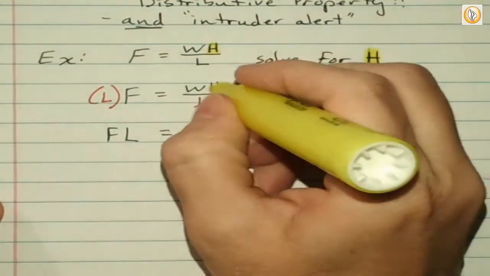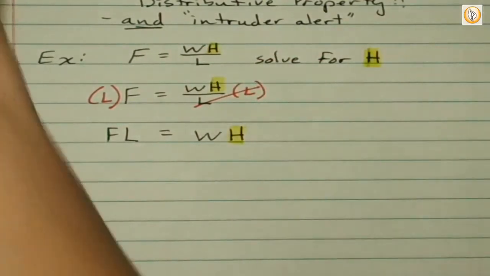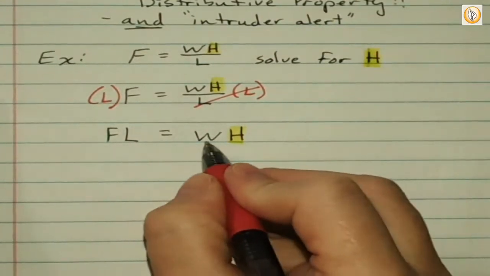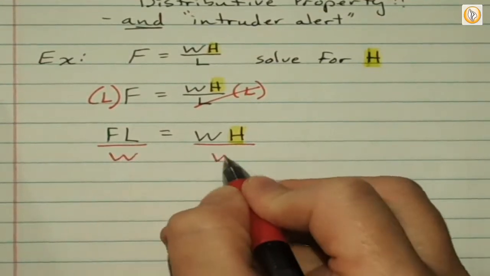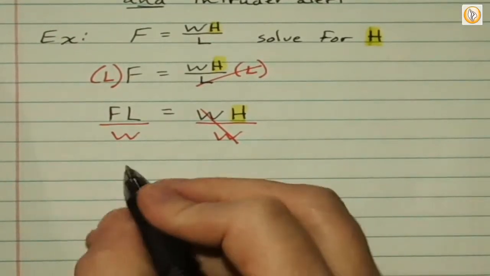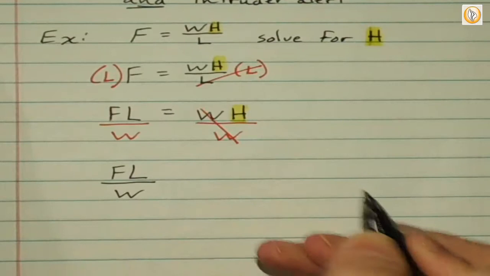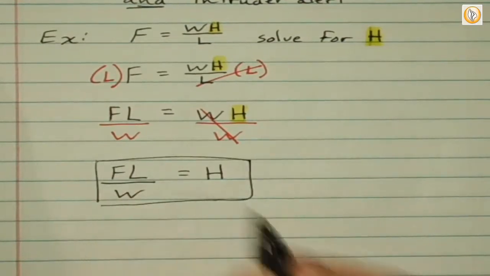Do you see me highlighting this? If it helps to keep highlighting who you are, then do it. So since W and H are multiplying, I'm going to divide both sides by W so that I can eliminate them. And the answer is F times L, all divided by W, equals H. There's our answer.